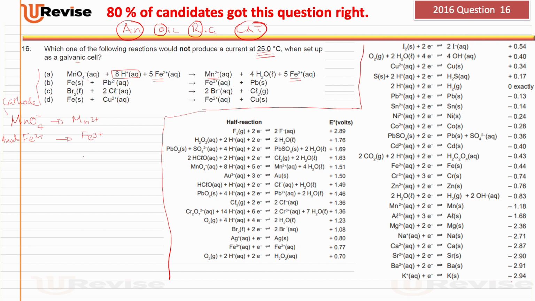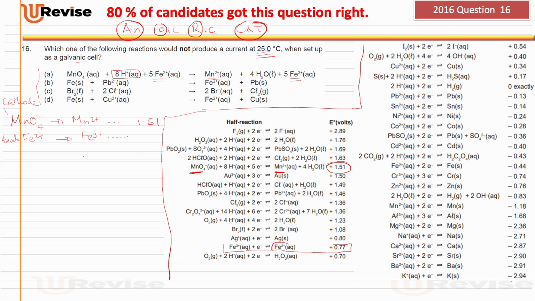So what we need to do is to find the standard electrode potential for these. When we look for the equation where we've got permanganate going to Mn2 plus, we've been given that going that way, the voltage is positive 1.51. And if we look at the iron half equation, you can see it has been reversed. Why?